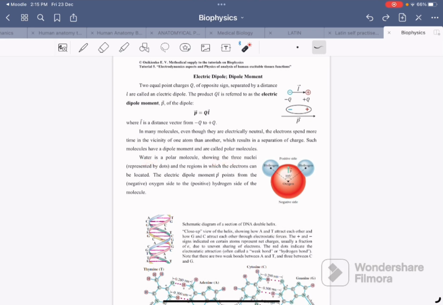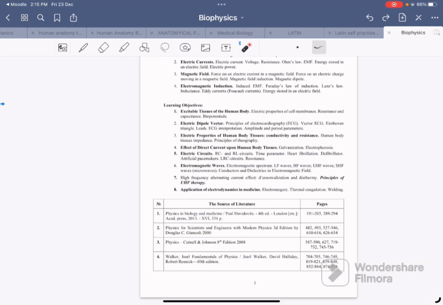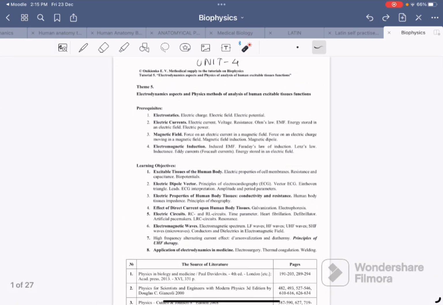Water is a polar molecule, showing the three nuclei represented by dots and the region in which the electrons can be located. The electric dipole moment P points from the negative oxygen side to the positive hydrogen side of the molecule.